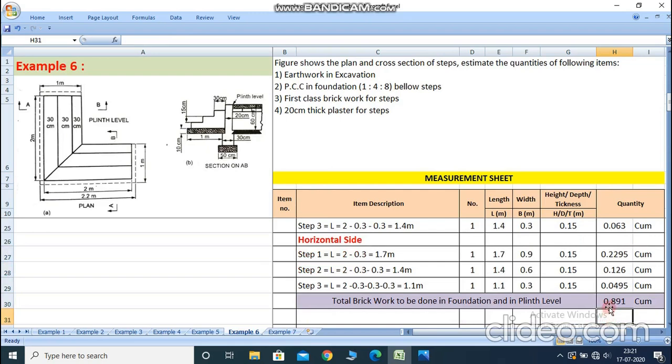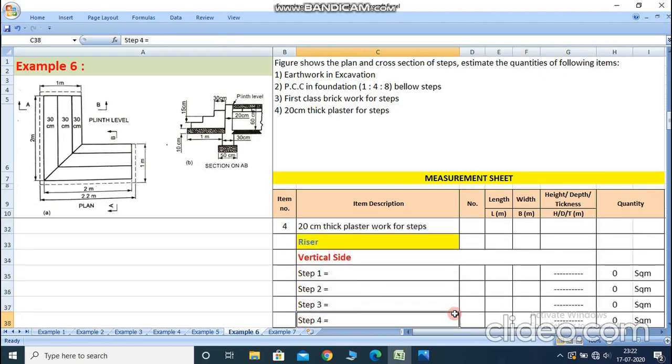So here the summation of the total quantity we got is 0.891 meter cube as brickwork for the steps. Brickwork to be done in the step. Clear?